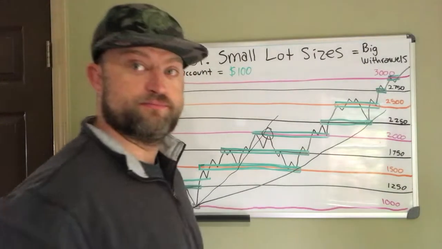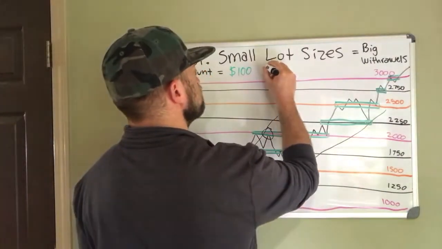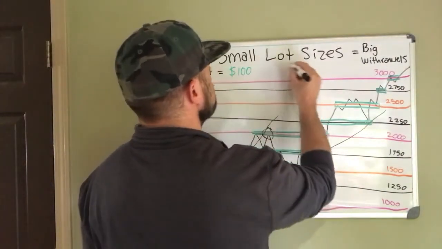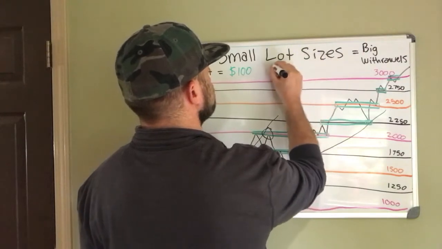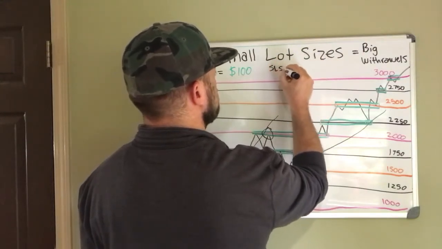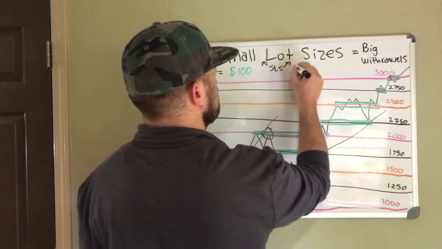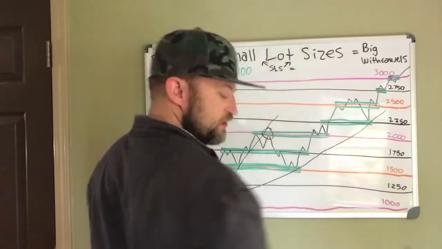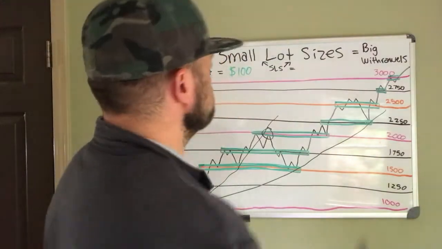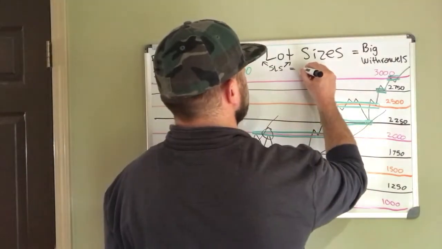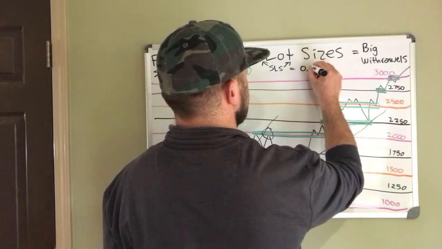Okay, so therefore, and this is the reason why I'm talking like that, I'm saying a small lot size, right? That's what that is. So that equals basically 0.1.